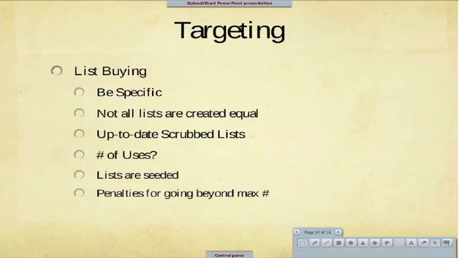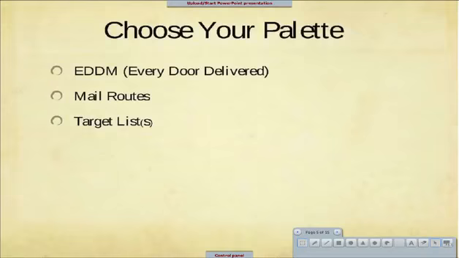So again, you really want to be smart about how you're canvassing a neighborhood. What's your palette going to be? Are you going to just do every door delivered and hit every single house in the neighborhood? Are you going to go door to door? Are you going to choose specific mailing routes?